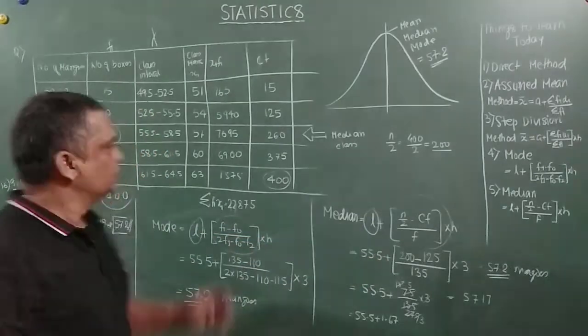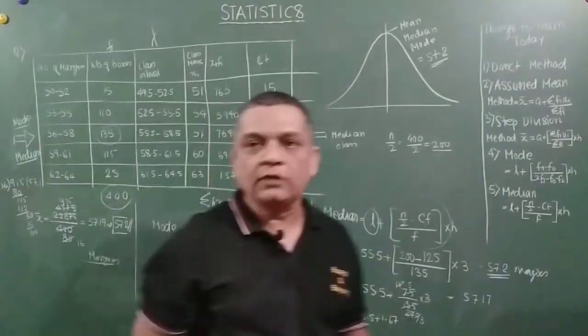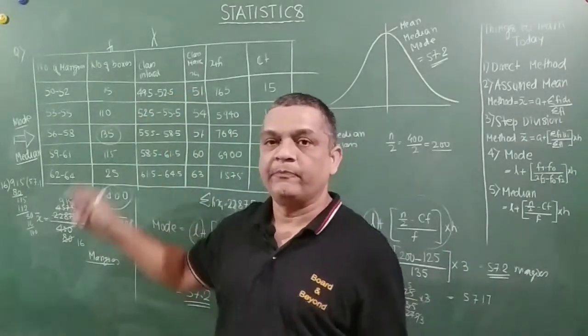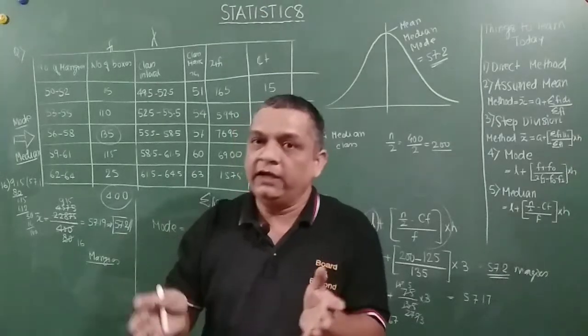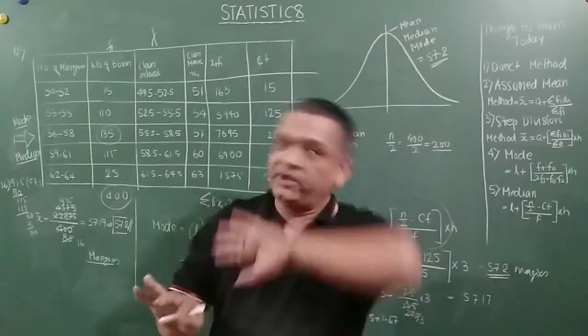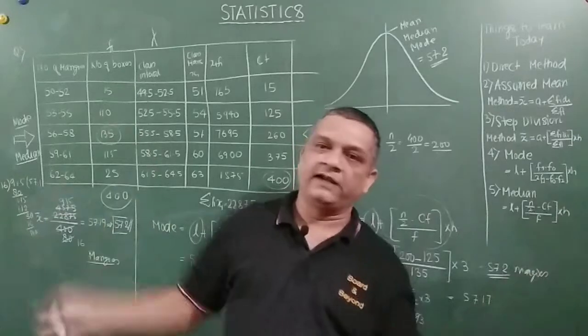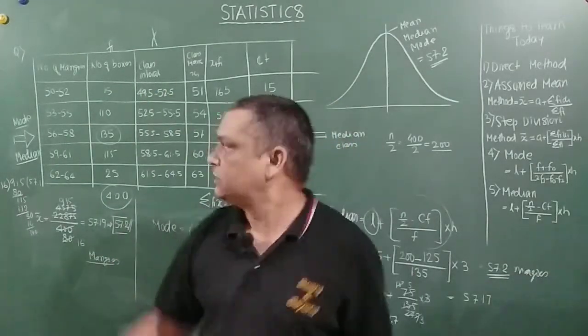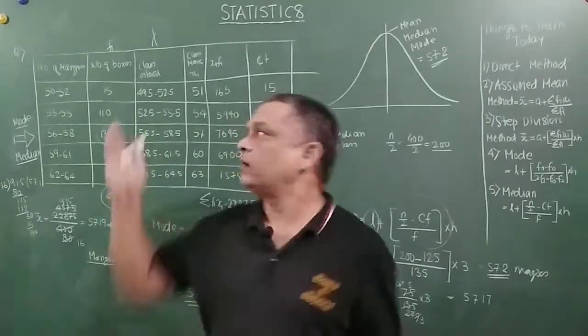You are getting it? So if it is not exclusive, make it exclusive like this. Depending on the gap, divide the gap by 2, and then from the lower limit subtract that value, and to the upper limit add that value. This will become continuous for you, right? So here the gap was 1, so I have taken 0.5.